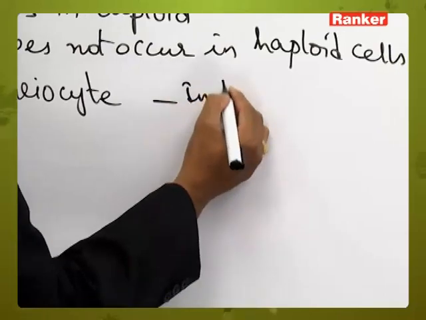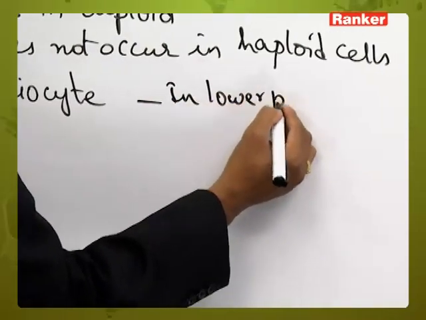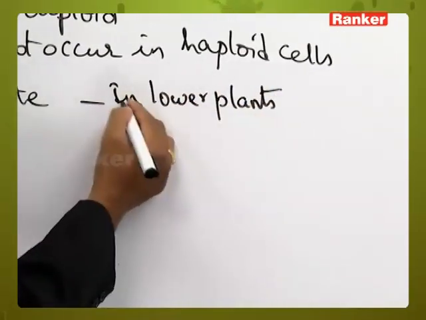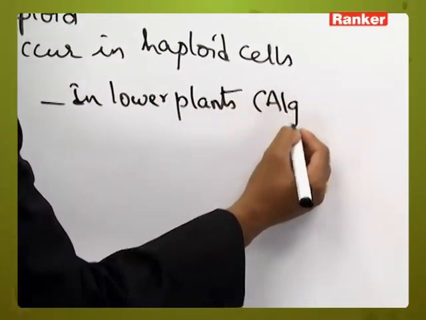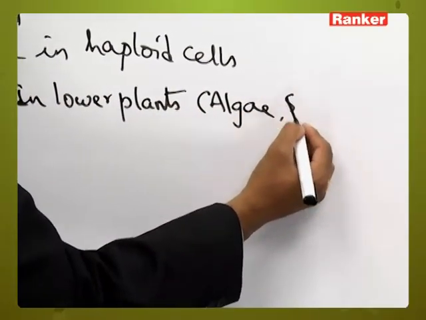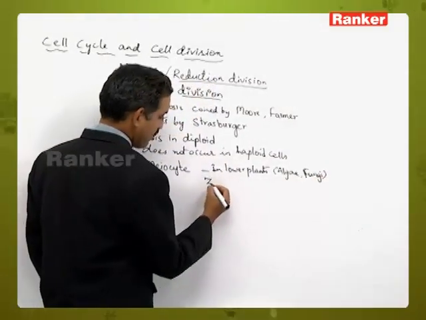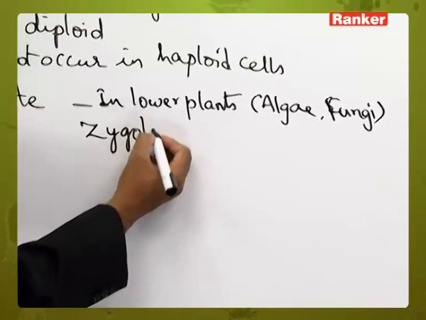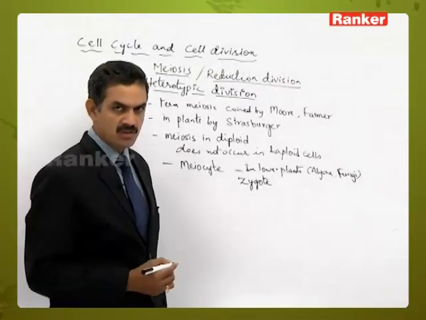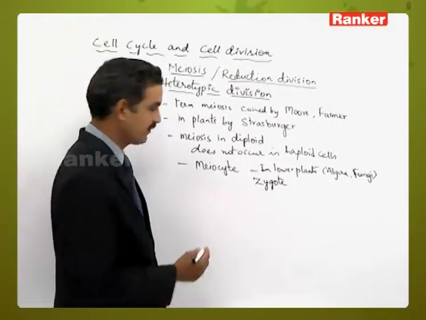Generally in lower plants like algae and some fungi, the zygote is a meiocyte because the zygote will undergo meiosis.